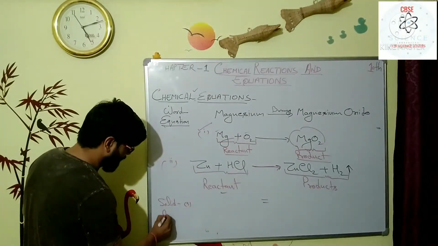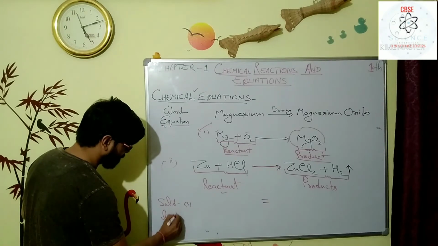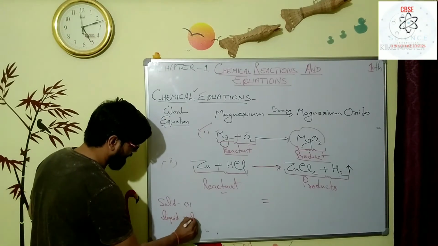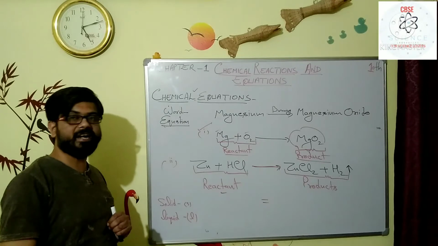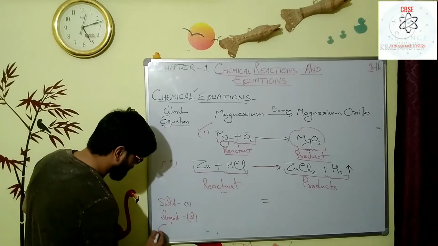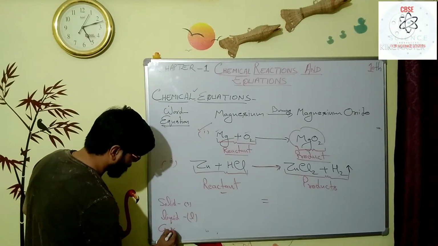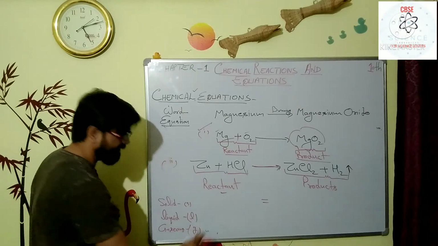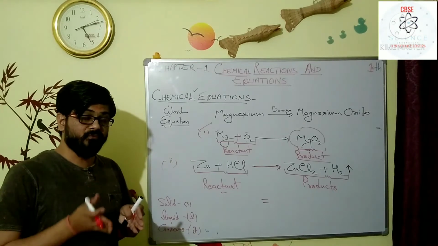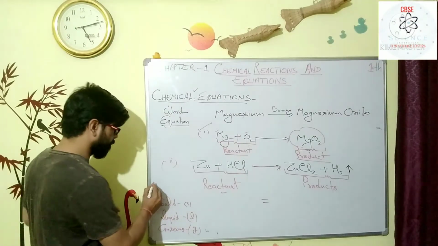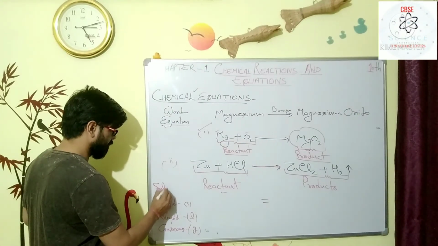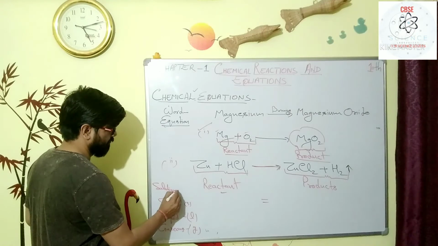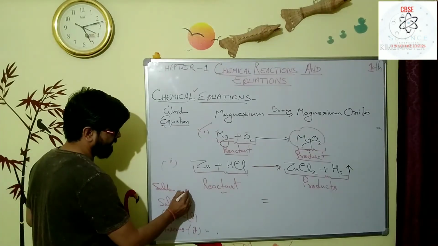For the liquid phase, we represent L in brackets. For the gaseous form, we represent G in brackets. And for the solution form, we represent aq, aqueous.